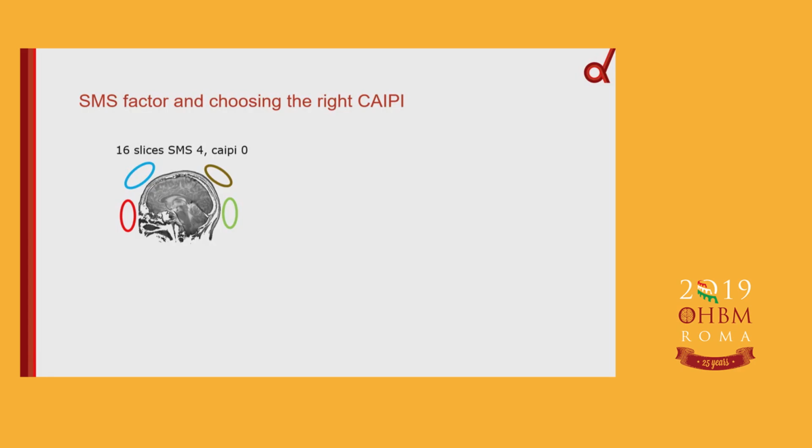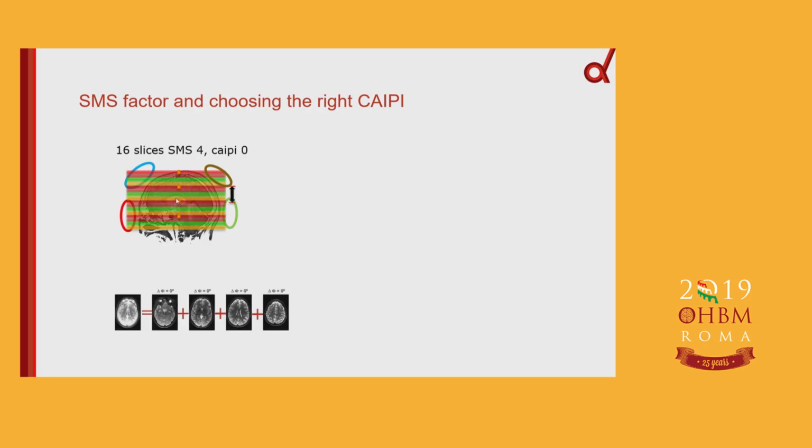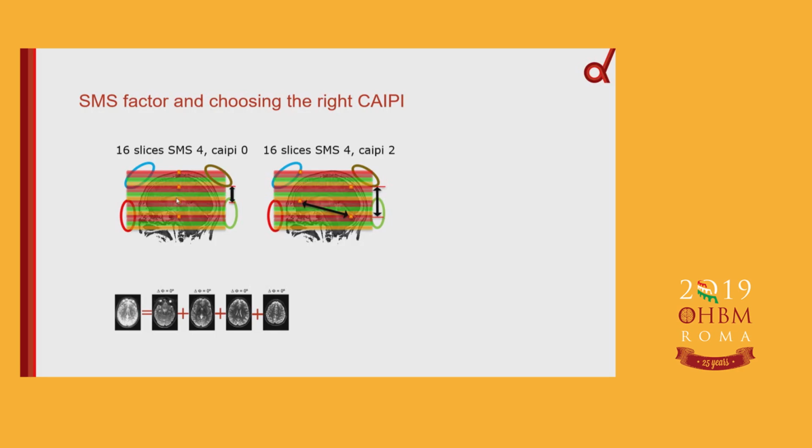So, if you're doing simultaneous multi-slice, you can see that this is the sort of situation we're talking about where you have no CAIPI factor, and then the bits that you're trying to reconstruct from each other are basically at the same coordinate here, and that's the sort of situation you would have here.